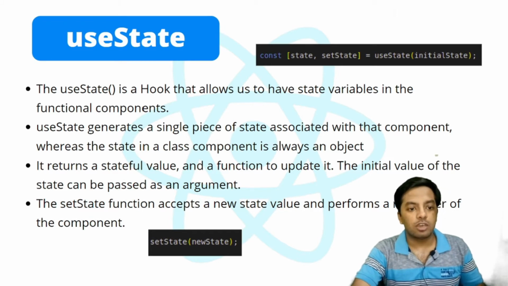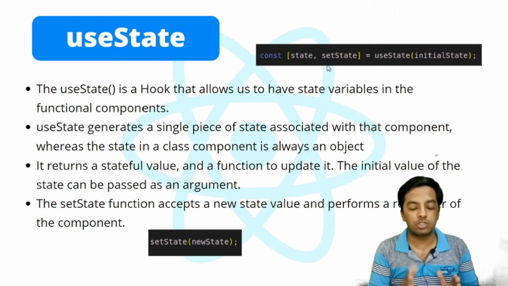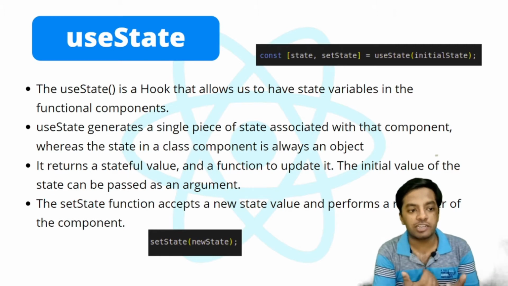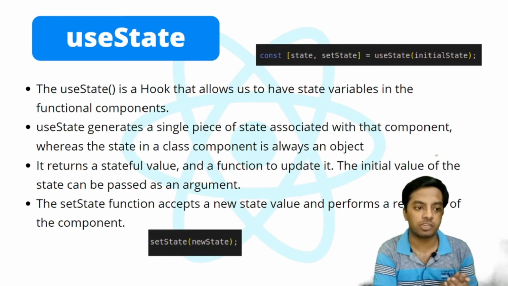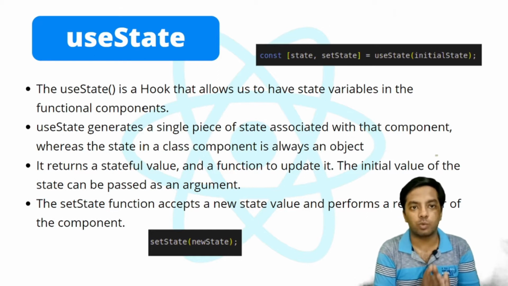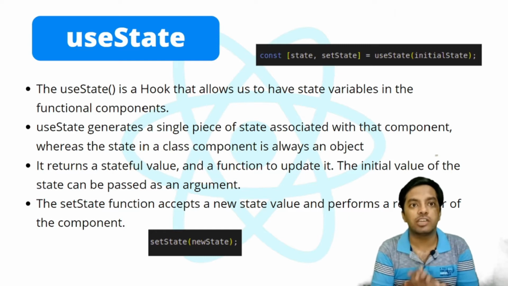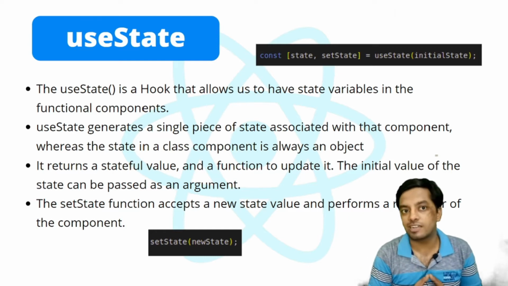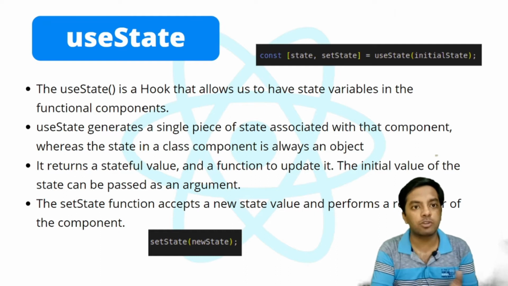So this is the useState hook. Using this, we get the functionality of state inside a functional component. This is a very useful and the most used hook inside React. Why? Because it provides us the functionality of state inside a functional component. Initially only class components had this functionality, but now functional components can also use state using the useState hook.